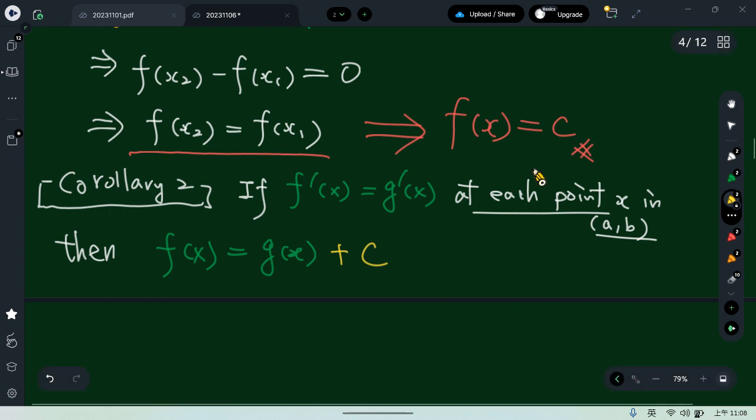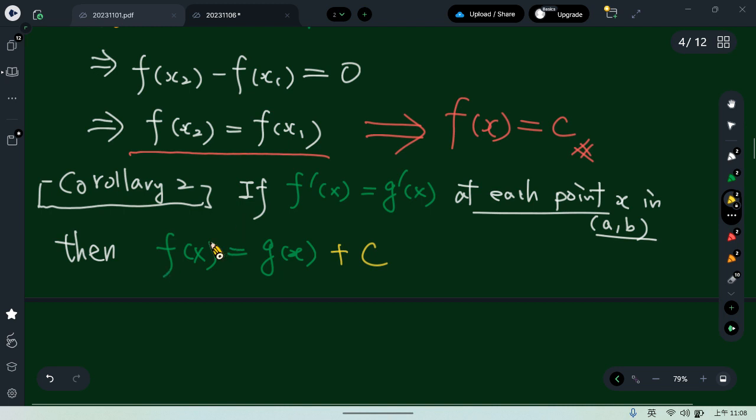So let me just state the statement for you again. If there are 2 functions, f of x and g of x, and I just know its first derivative is the same as its first derivative, that means f prime x is equal to g prime x. And we also know that at each point, this equation holds.